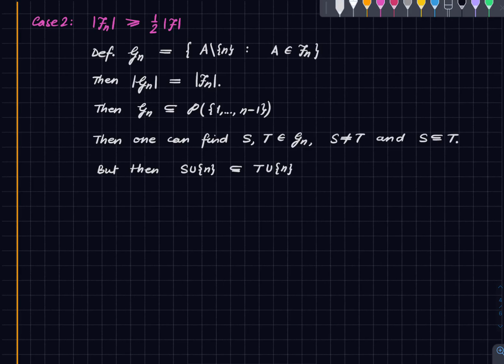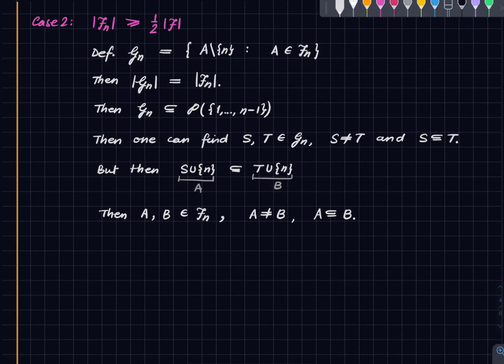Let us call S union little n, A, and T union little n, B. Then A and B are members of Fn, and of course they will be distinct because S and T are distinct, and A is contained in B. So now we are done, because now we have found two distinct elements in Fn with the property that one is contained in the other, and hence two distinct elements in F with the property that one is contained in the other.